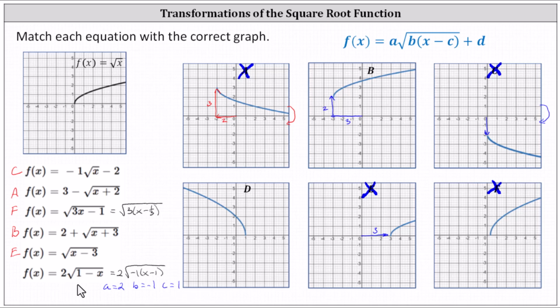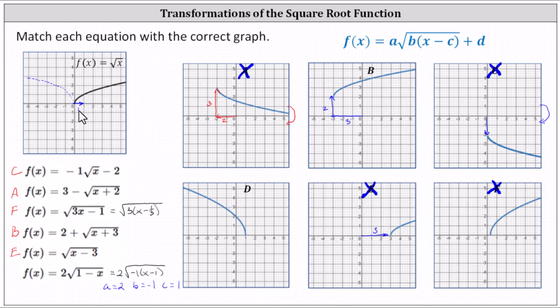We could perform the transformations in any order, but because b equals negative 1, we have a horizontal reflection. If we reflect f of x equals the square root of x horizontally, it would open to the left. And then because c is positive 1, the graph is then shifted right 1 unit.